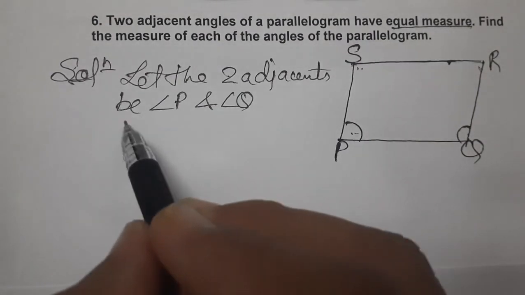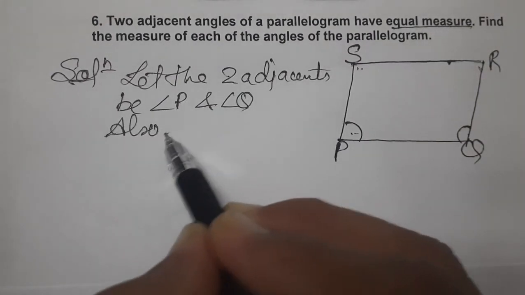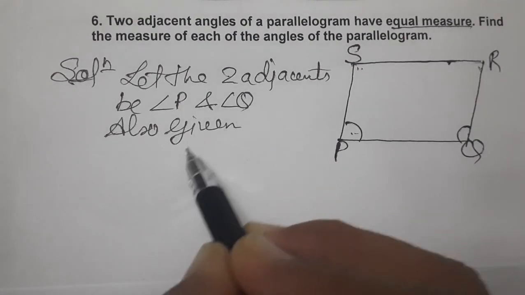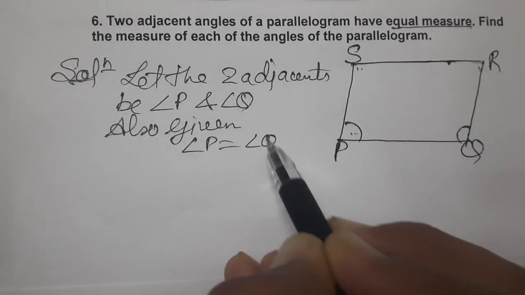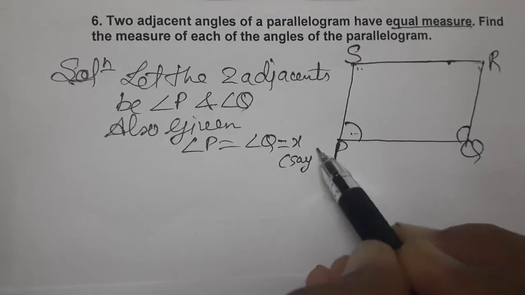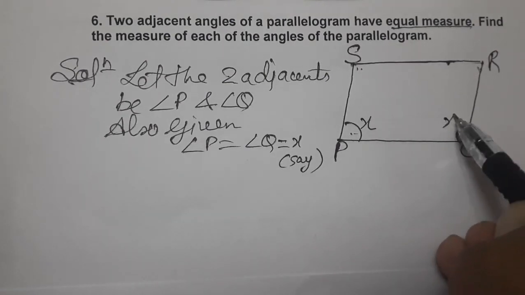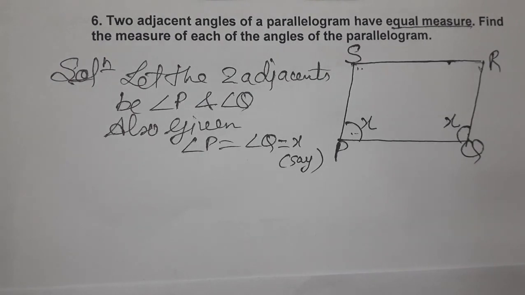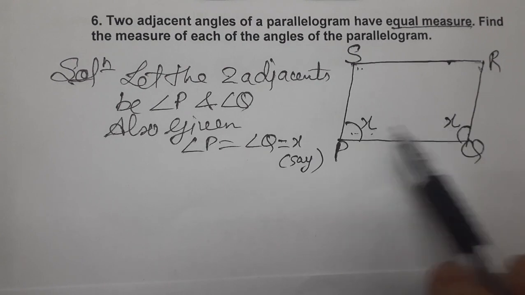Also given angle P equals angle Q. And let it be x. We assume it x. Because these two are equal, we have assumed it x. By giving the values x, y and z, the question will be very, very easy. That's why we are giving the names x, y, z. So these two angles are equal.